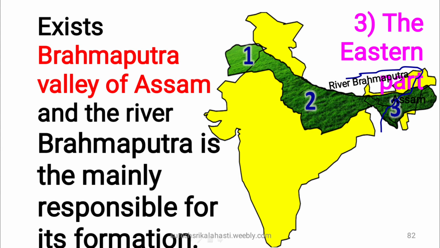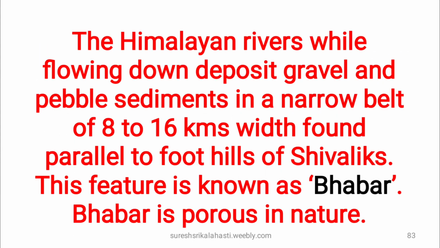It exists in the Brahmaputra Valley of Assam, and the river Brahmaputra is mainly responsible for the eastern plain formation. The Himalayan rivers, while flowing down, deposit gravel and pebble sediments in a narrow belt of 8 to 16 kilometers width, found parallel to the foothills of Shivaliks.